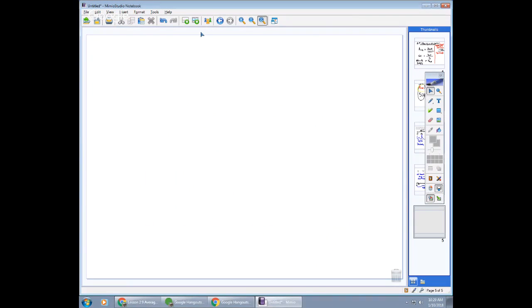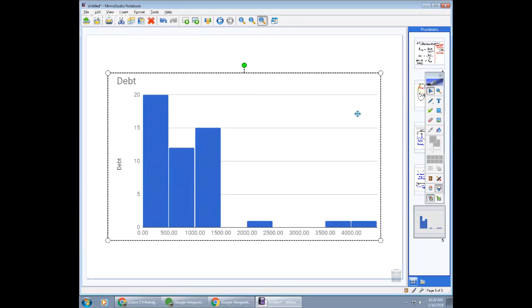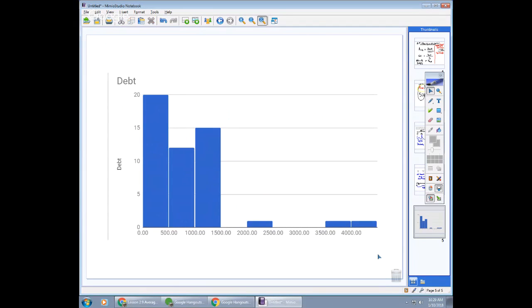New page. Okay. So let's see, what was the mean again, the average? That was 800, right? There's 500, there's 1,000, so 800 is probably right about here. And then 700 was the median, right?